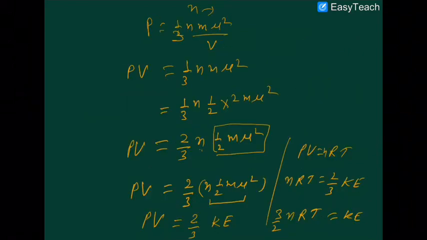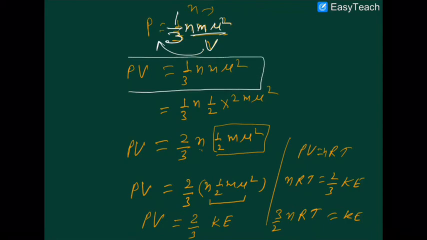Okay, so again look at the phenomenon. It is PV equal to 1 by 3 nmu square, so you cross multiply. This is the kinetic gas equation for n number of particles in a system.